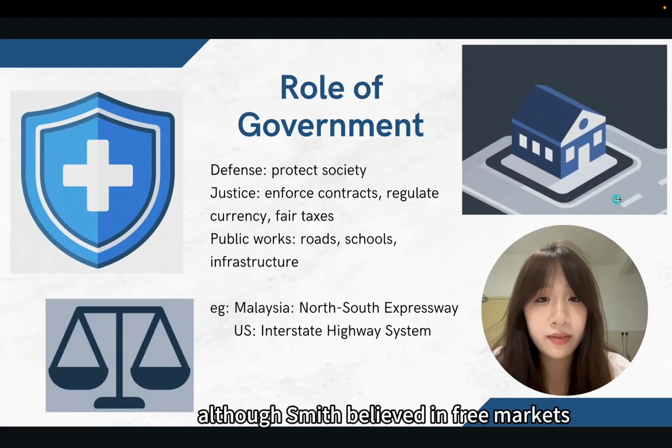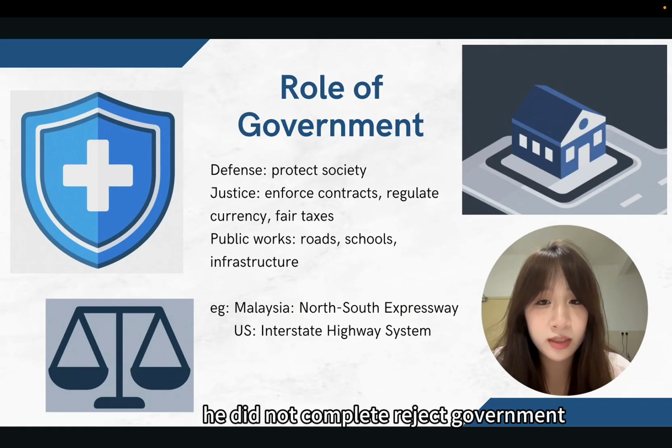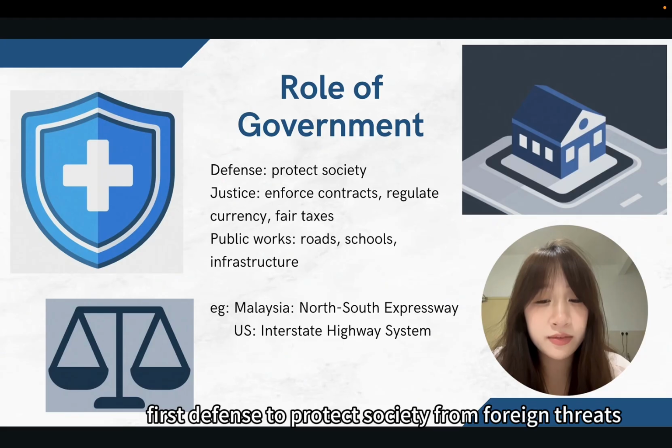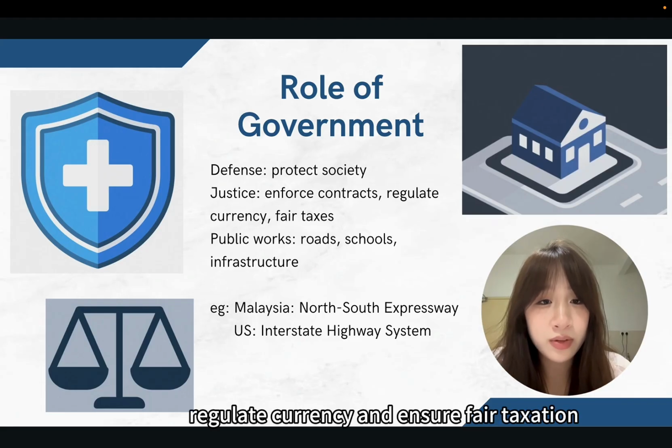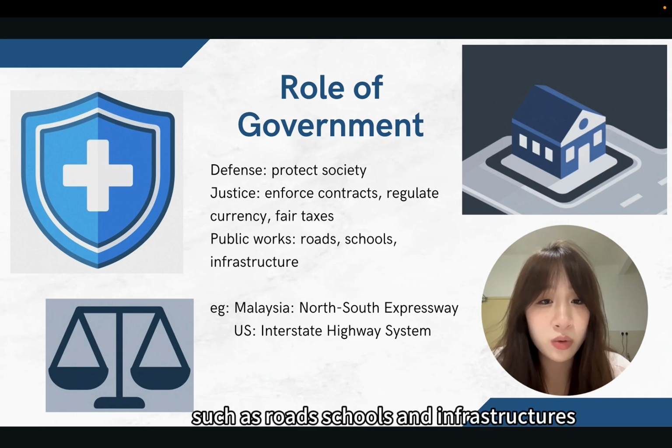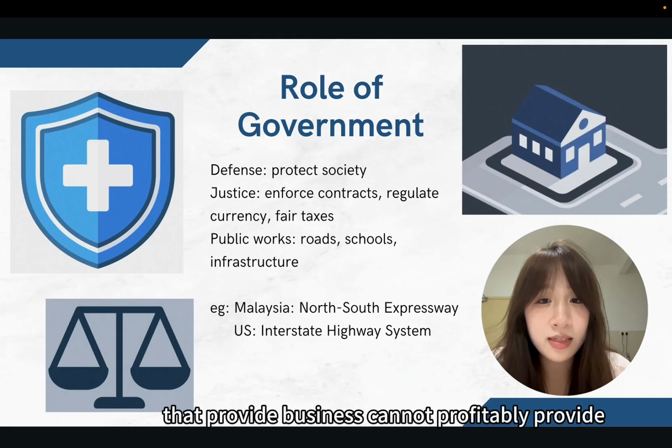Although Smith believed in free markets, he did not completely reject government. He identified 3 important functions. First, defense, to protect society from foreign threats. Second, justice, to enforce contracts, regulate currencies, and ensure fair taxes. Third, public works, such as roads, schools, and infrastructure that private business cannot profitably provide.